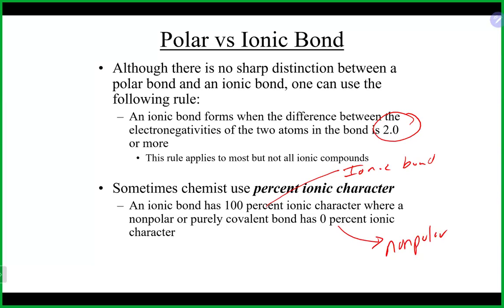And obviously somewhere in between, around 50% or above or below, will be some type of polar bond. I would say nowadays people don't really talk too much about percent ionic character. They usually just talk about whether it is a polar covalent bond, a nonpolar bond, or an ionic bond. But occasionally percent ionic character pops up, though not too much these days, I think.